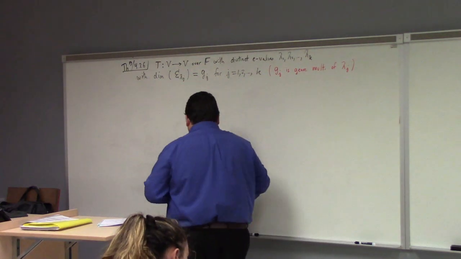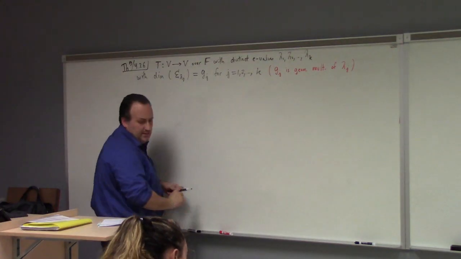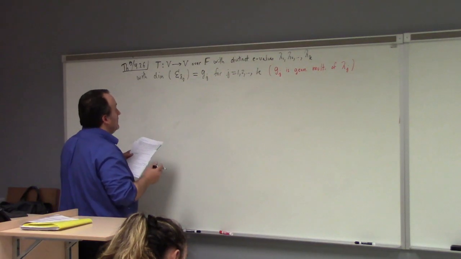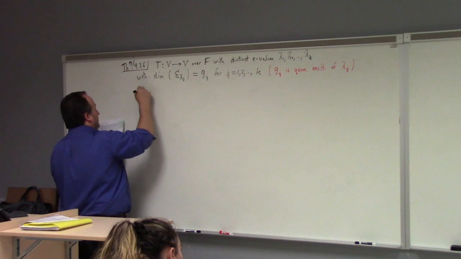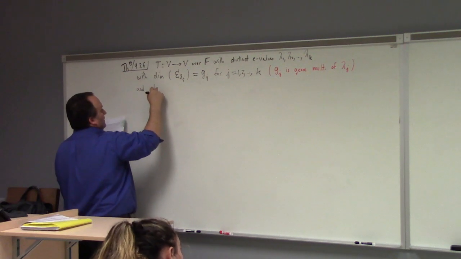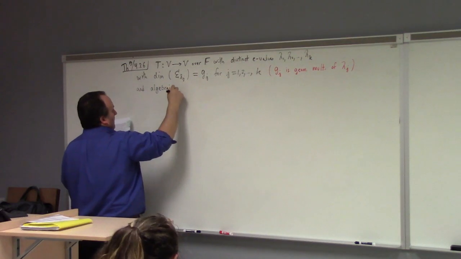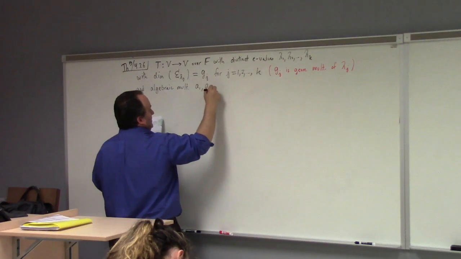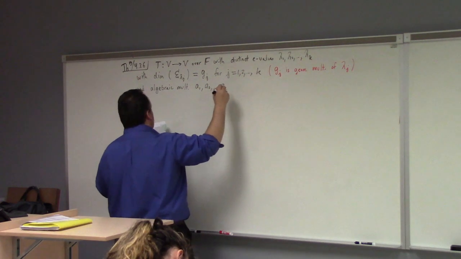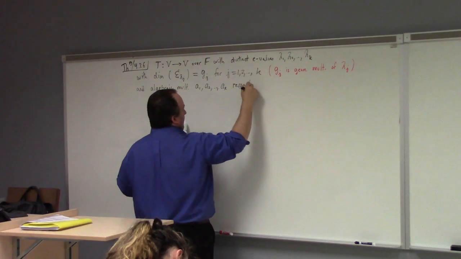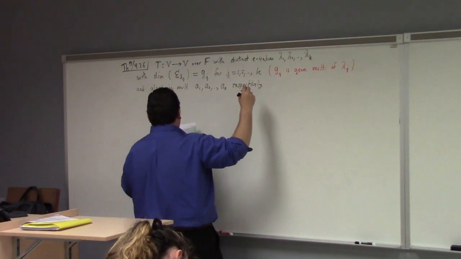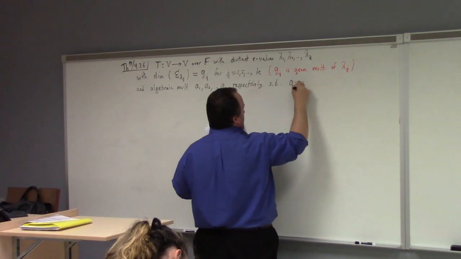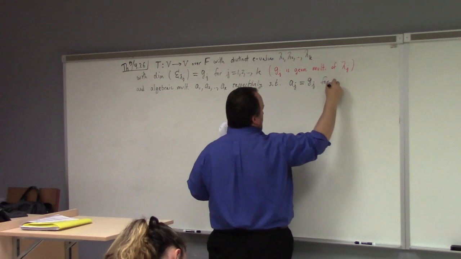All right, and algebraic multiplicities, let's say A1, A2, dot, dot, dot, A sub k, respectively, such that A sub j is equal to G sub j for each j.